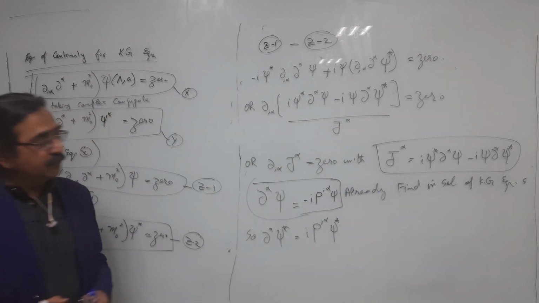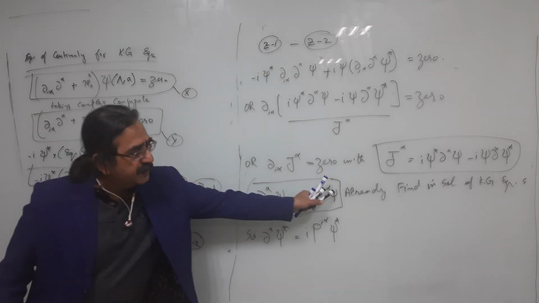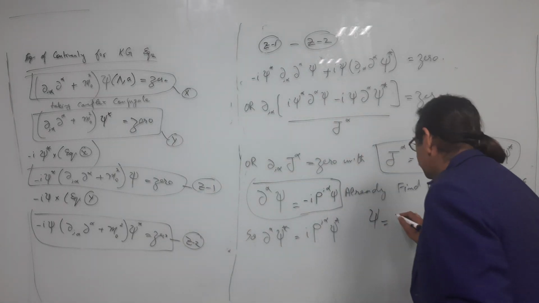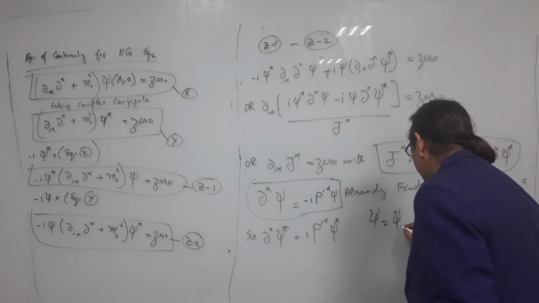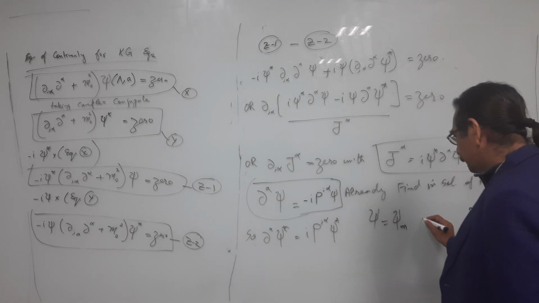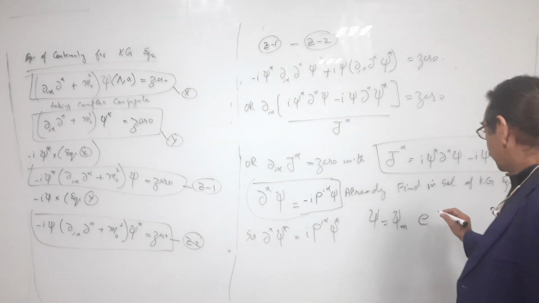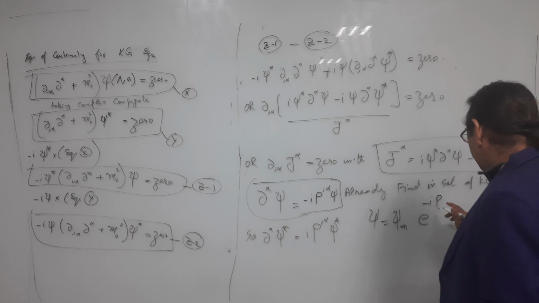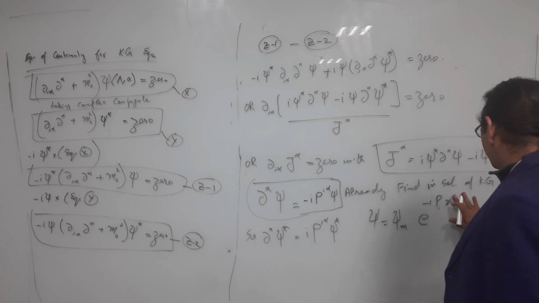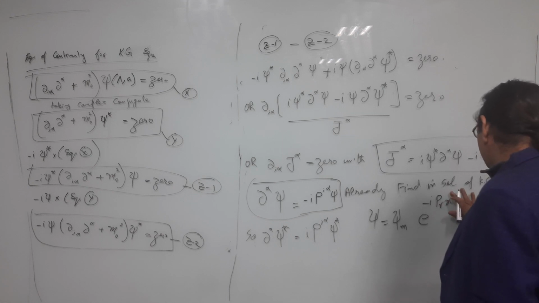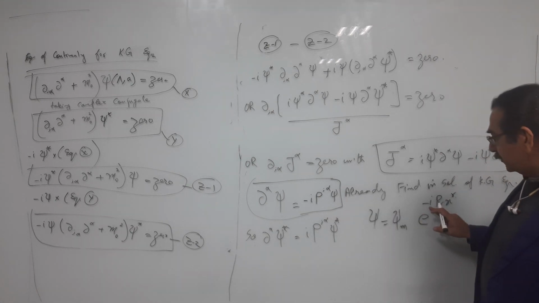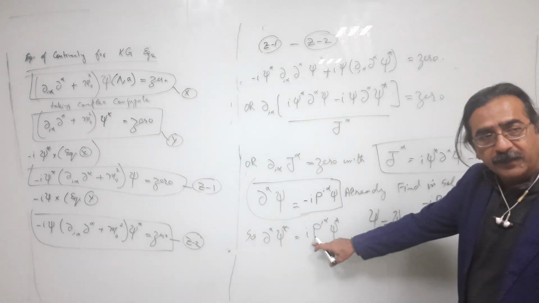When this will be equal to this, because actually psi is psi m exponential of minus iota p mu x mu. Oh sorry, x gamma, whatever you have. If we take the negative, then this will become a plus in the complex conjugate.